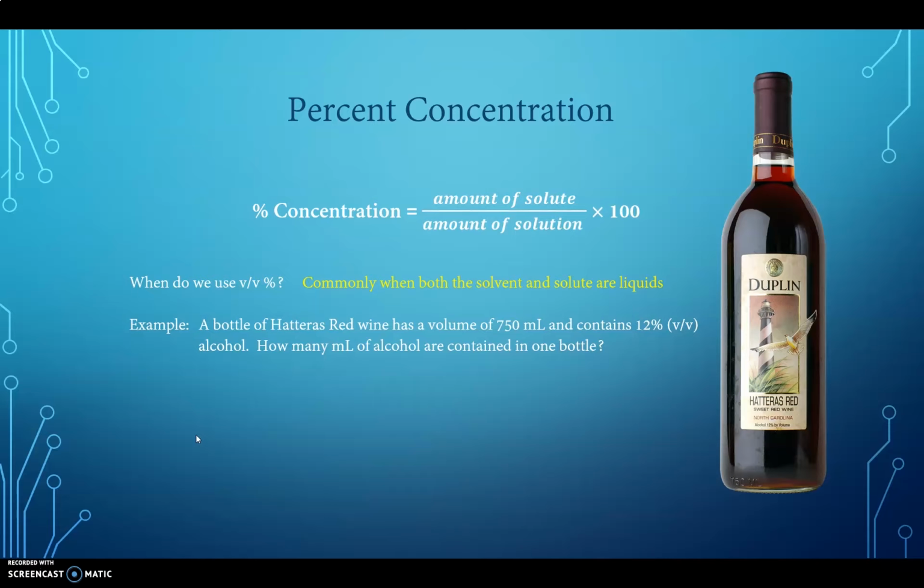So we set it up like any conversion problem. We start with our known amount, which is the volume of the wine, and then we use the percentage, the milliliters of alcohol, in each 100 milliliters of wine, because remember, that's what percent means. Percent means out of 100, so 12% means 12 out of 100. The milliliters of wine cancel out like any conversion should, and we end up with the volume of alcohol.